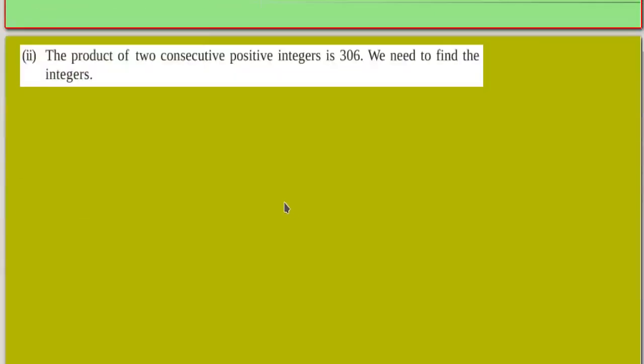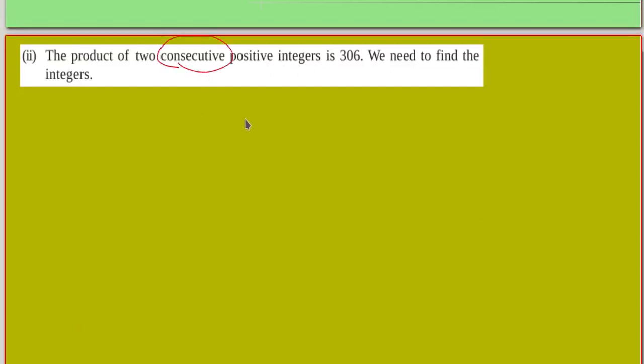Next question. For this also we need to write the equation only. The product of 2 consecutive positive integers. Consecutive means if one number is 3, the next number is 4. So if this is 3, we add 1 to get the next number.